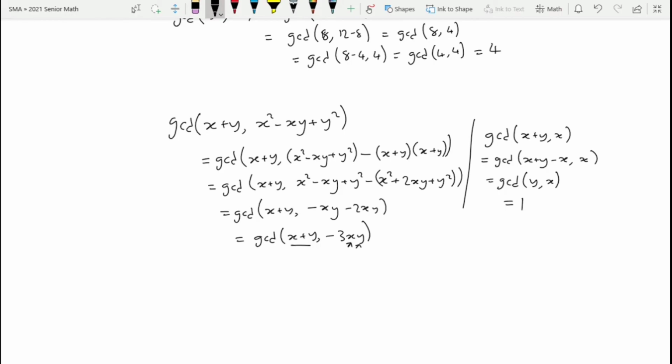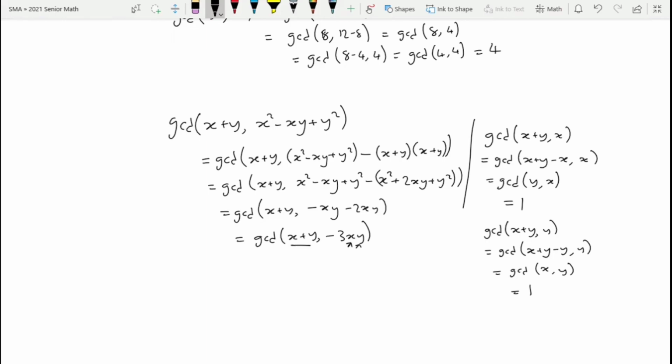This means that x plus y and x don't have any common factor. We'll do the same thing for x plus y and y. So we have GCD of x plus y and y, and this is equal to the GCD of x plus y minus y and y, which is equal to the GCD of x and y. And the question told us that this is 1.